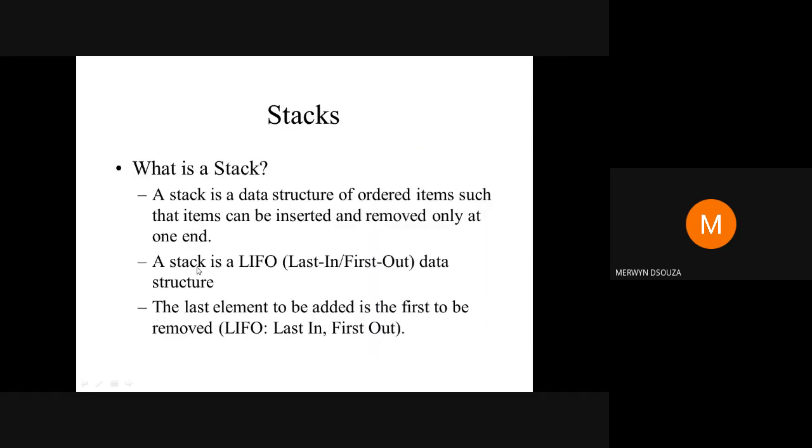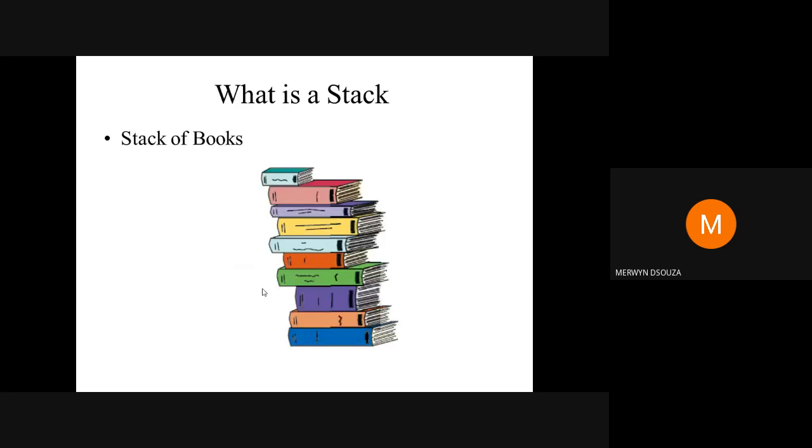So a stack is a last in first out data structure. Last in first out means the last element to be added is the first element to be removed. For example, when this pile of books was being created, the blue book was added first, followed by this book, which was the second, then the third, fourth, fifth, and so on.